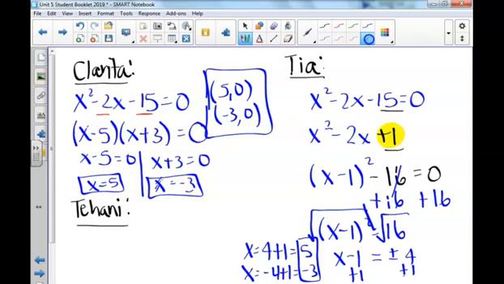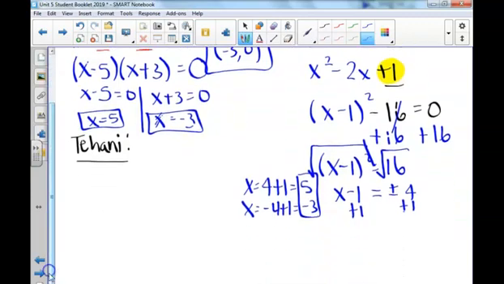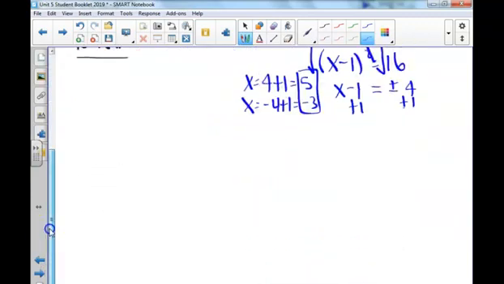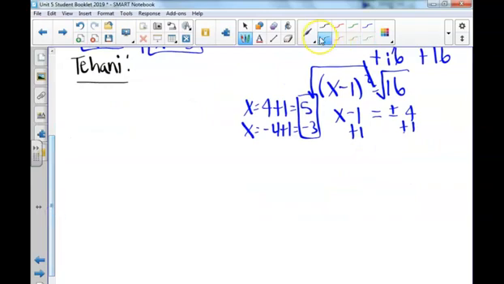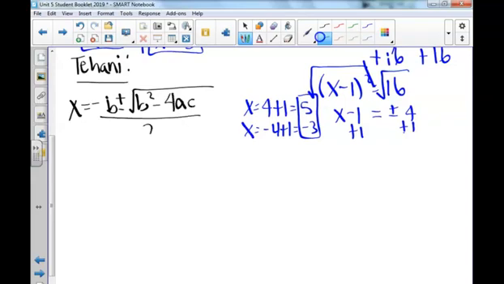Finally, Tehani loves to use the quadratic formula to solve. So we're going to use the formula that we learned in our previous lessons. Recall that the formula is x equals negative b plus or minus the square root of b squared minus 4ac, divided by 2a.